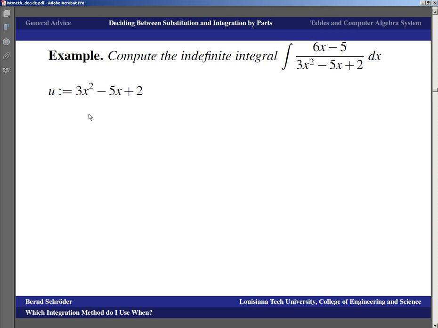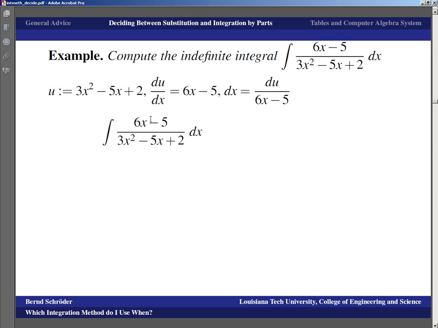So, maybe a substitution can allow us to sidestep the integration by partial fraction decomposition. Set u equal to 3x squared minus 5x plus 2. That means du/dx is 6x minus 5, and the derivative of plus 2 is 0. That gives us that dx is du over (6x minus 5).